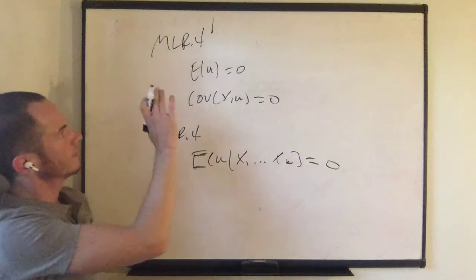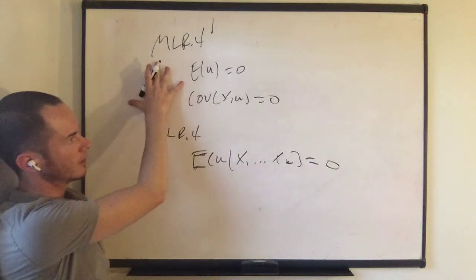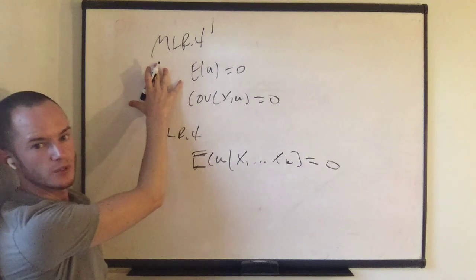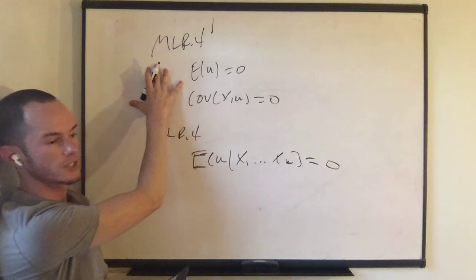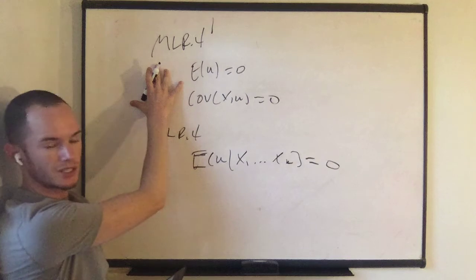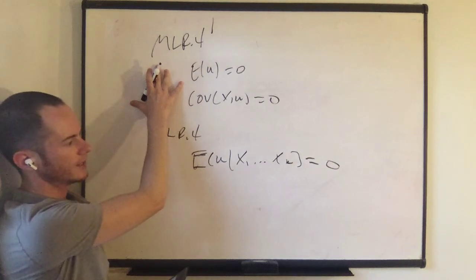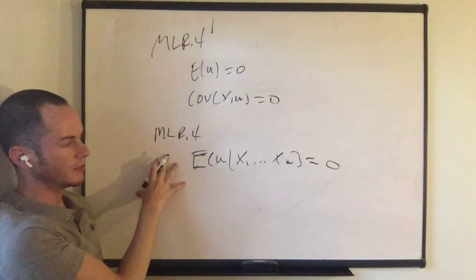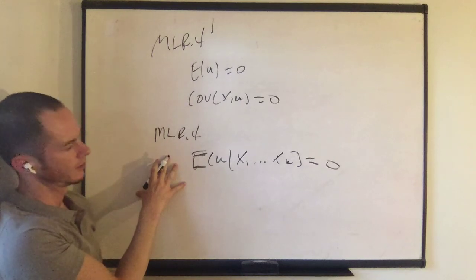This assumption implies this assumption. So the assumption up here, that the expected value of u is equal to 0 and the covariance is equal to 0, is a less strict assumption that is implied by the zero conditional mean assumption. The zero conditional mean assumption is more strict.